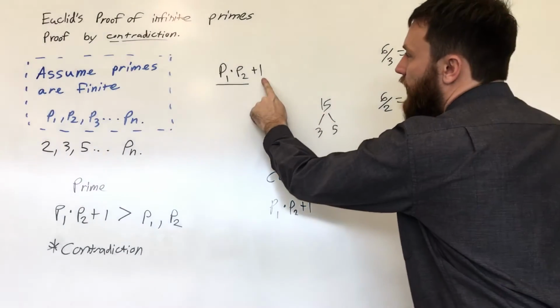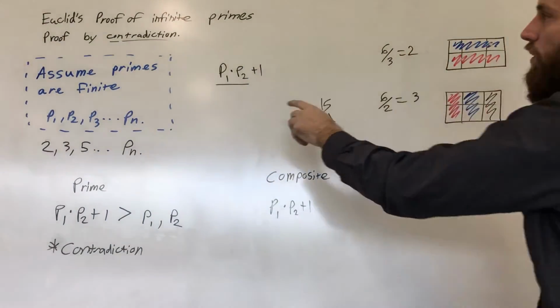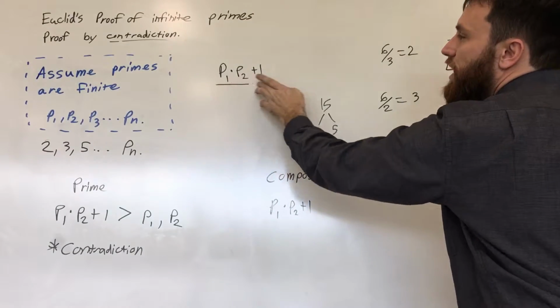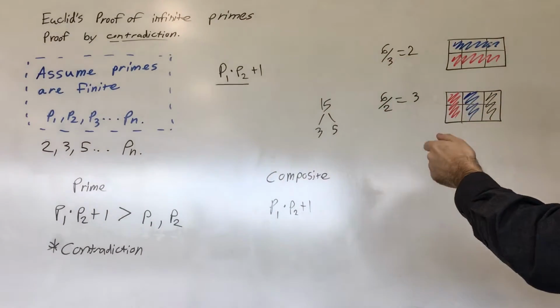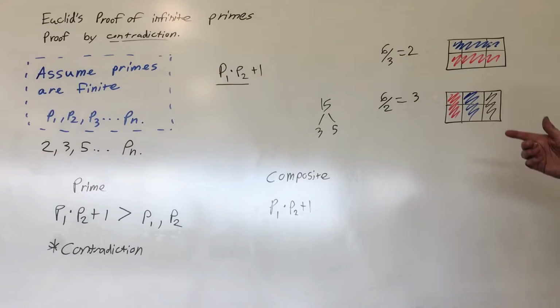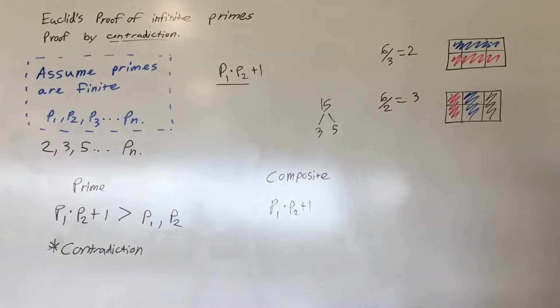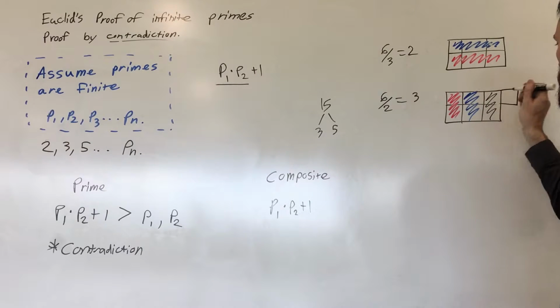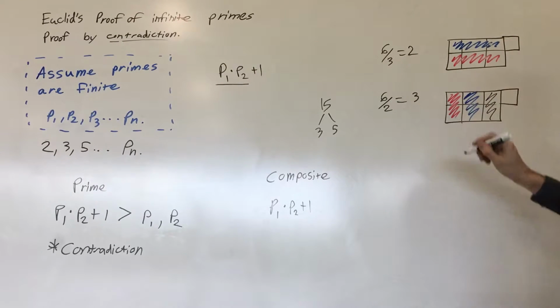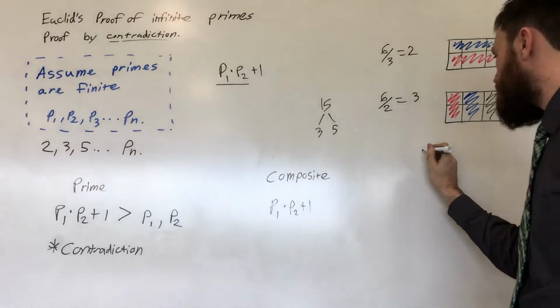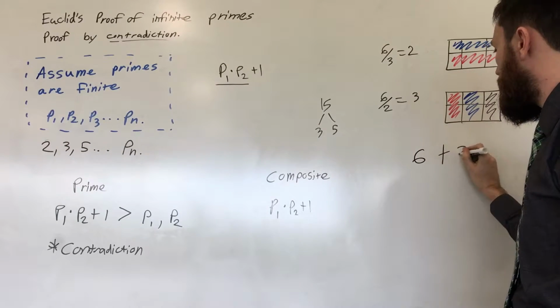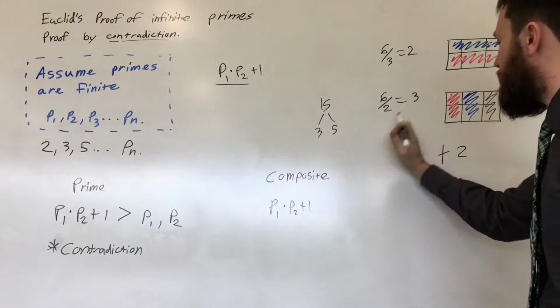But the problem is when we add 1. However long this is, if we just have multiplication, then we could easily find factors. We could easily find numbers that divide this number, like 2 and 3. But when we add another box, this is 7, we say 2 does not divide 7.